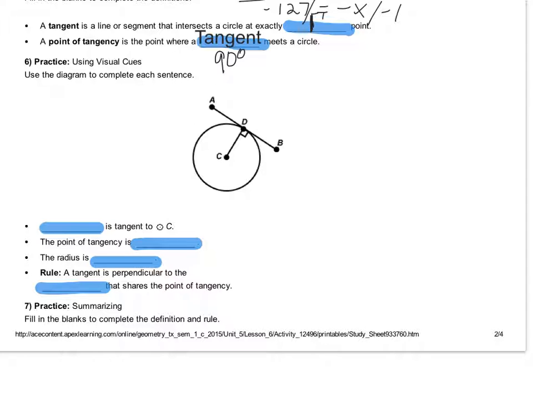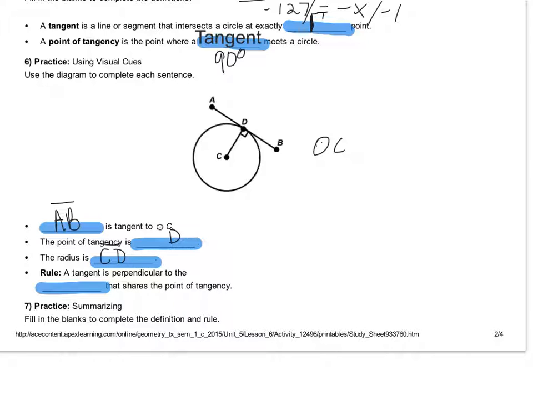So here are some basic rules. Looking at this circle here, and just as a review, this is circle C, named by the center. Blank is tangent to circle C. So our segment is AB. AB is our tangent to circle C. The point of tangency is just where it touches, which is D, and the radius in this case is CD.